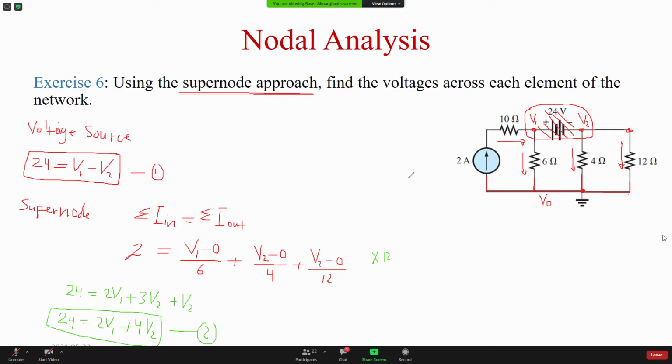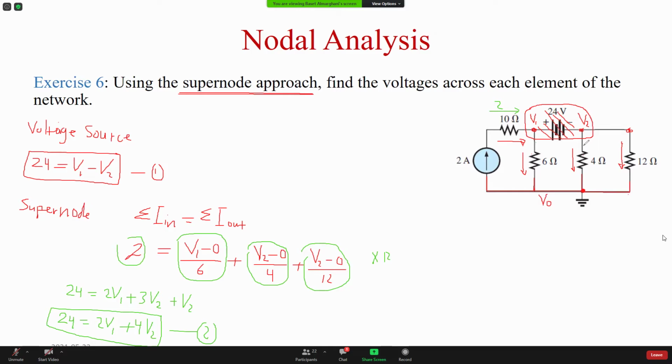Question here, why don't you include the 10 ohm? I'm not including resistors, I include currents. The current in the 10 ohm, I know it already, 2. I'm doing the sum of the currents, okay? So this is a current, this is a current, and this is a current. Now the current in the 6 ohm resistor is the voltage across it divided by the resistance.